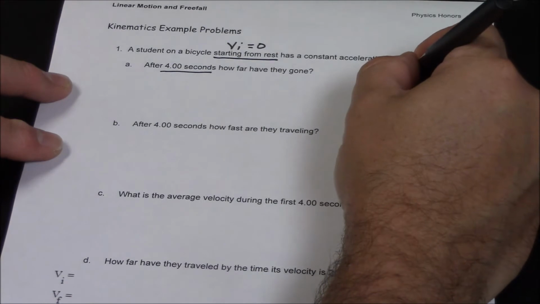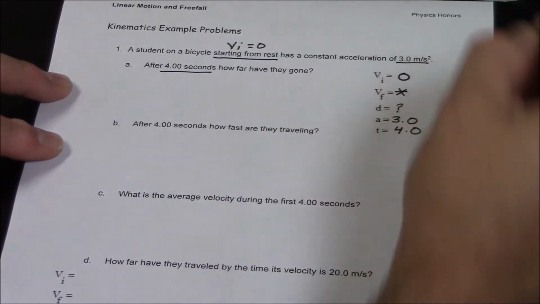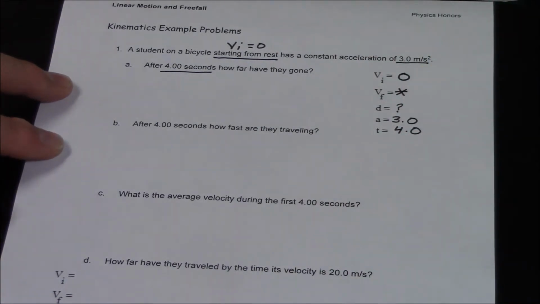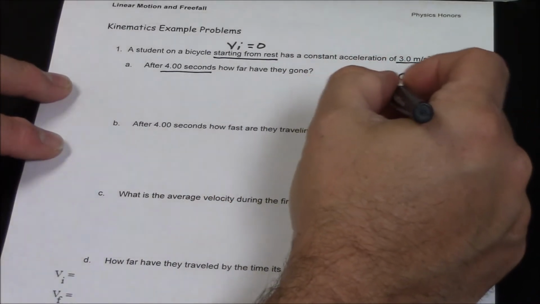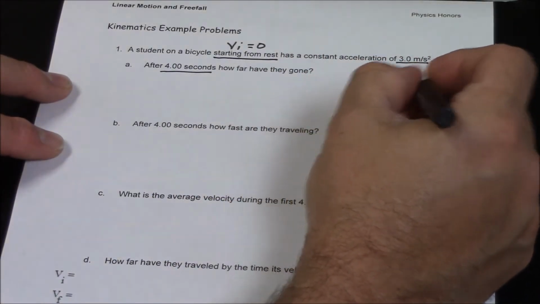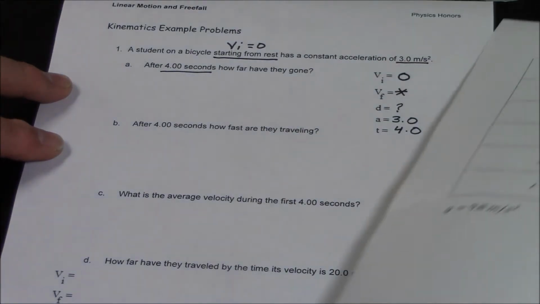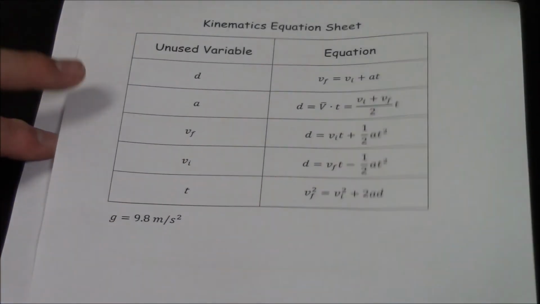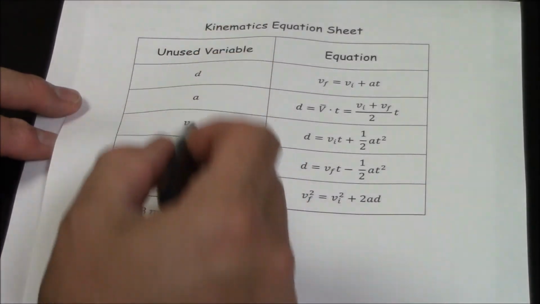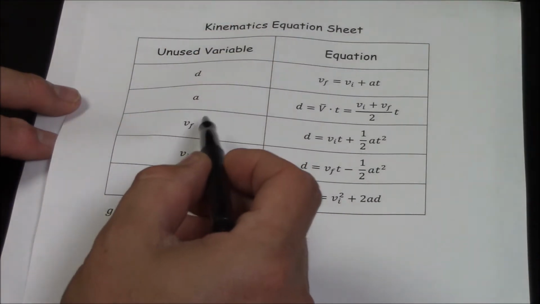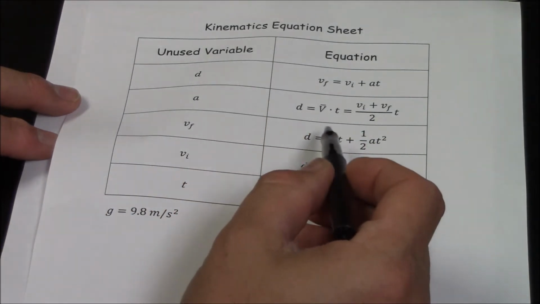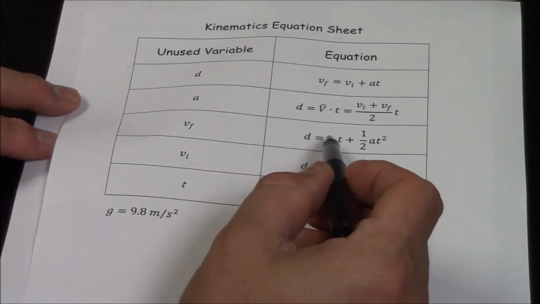And then we have this guy that has nothing to do with the problem. It's very key to identify this variable that has nothing to do with the problem, because when we go back to our equation sheet, that's what we call the unused variable. So the unused variable in this case is VF, so that helps us identify this is the equation that can be used to solve that problem.